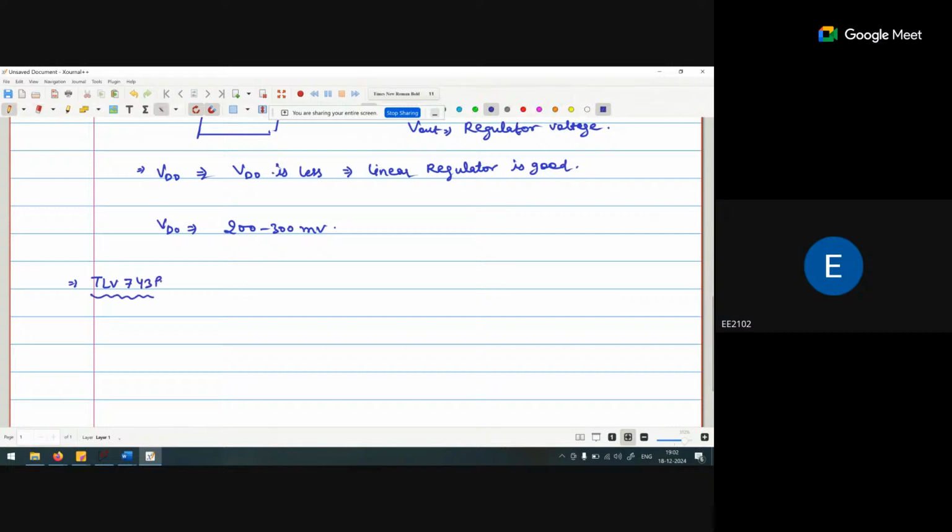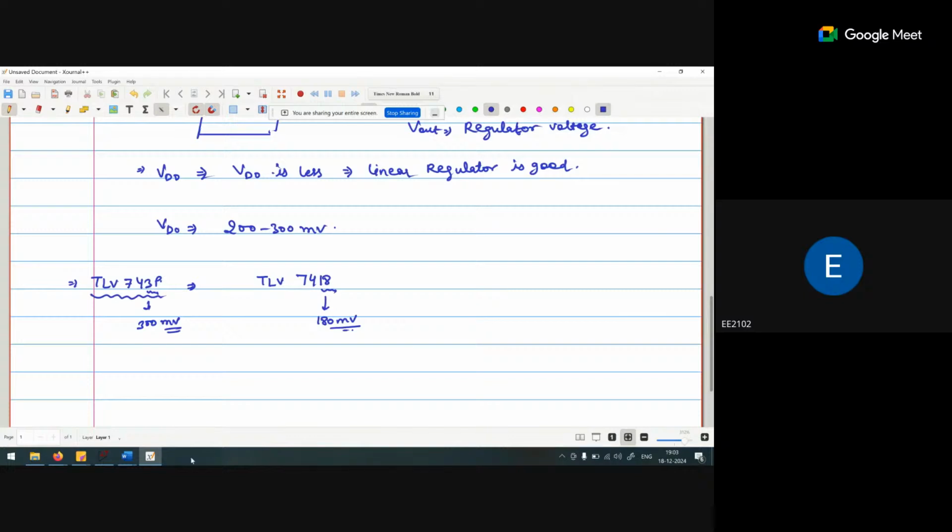So this is one linear regulator, low dropout regulator, and this is available in the market as 7418, also TLV. So basically this 3 is defined as a 300 millivolt dropout, and 18 is defined as a 180 millivolt dropout. So the name of these ICs is in this way, 743 and 7418 are available.